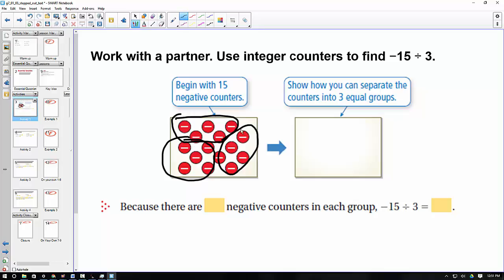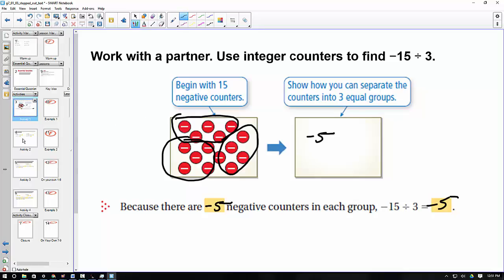So if I have 15 negative signs and I have 3 groups, each one of them has -5 in each one, right? And that's the answer. -15 divided by 3 is -5, because there are -5 counters in each group.